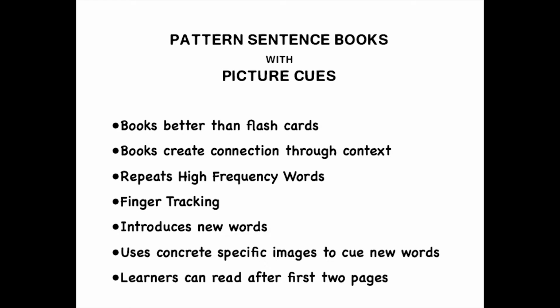They use concrete specific images to cue any changing words or newly introduced vocabulary, and the learners can read after the first two pages because it only takes the first two pages to pick up the pattern. This is important because it creates confidence, and this emboldens the student to try to do it again, to repeat this success.